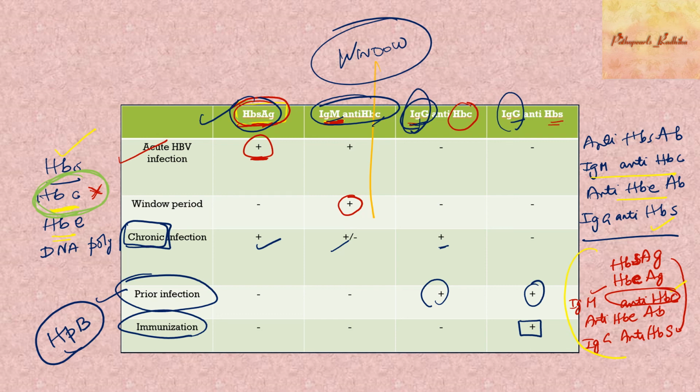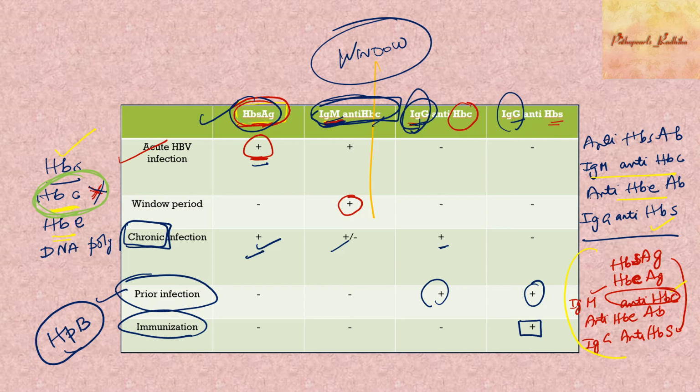So let me summarize again. In acute infection, you will have surface antigen and IgM anti-HBc. Remember, core antigen never appears, but core antibody will be present in the blood. Then IgM anti-HBc is a marker of window period. If you want to call it chronic hepatitis, you should have surface antigen as well as your antibodies.